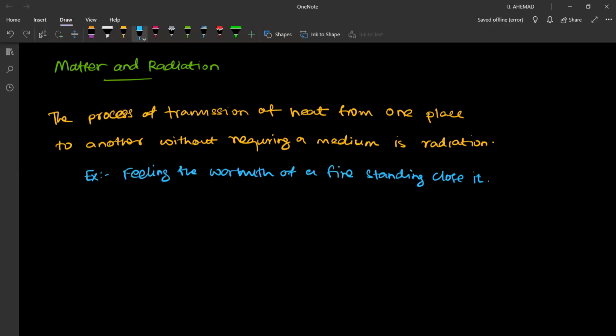When you're close to a fire, you don't need to actually touch it, but still you can feel its warmth even when you're standing at a certain distance. So that is due to radiation. And then, heat from the sun reaching the earth.